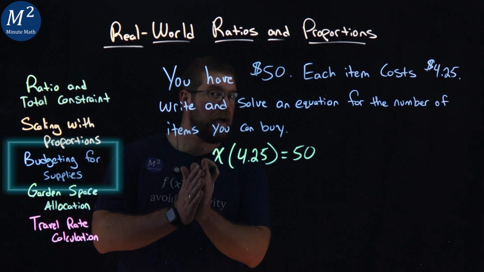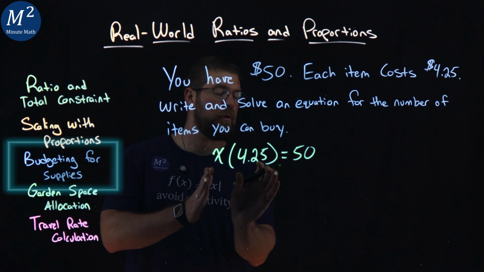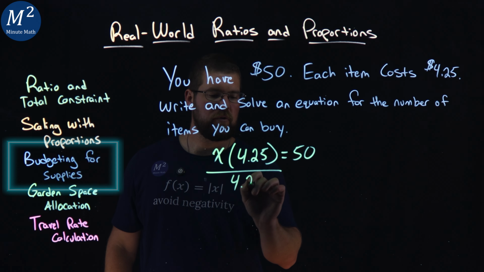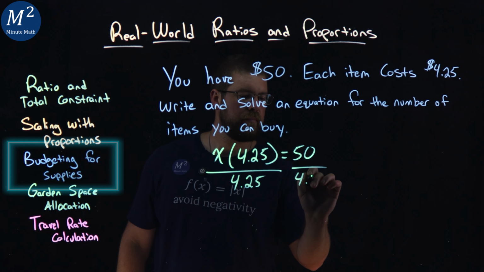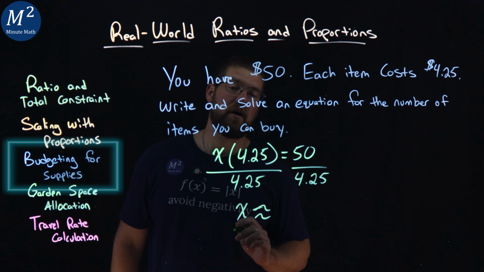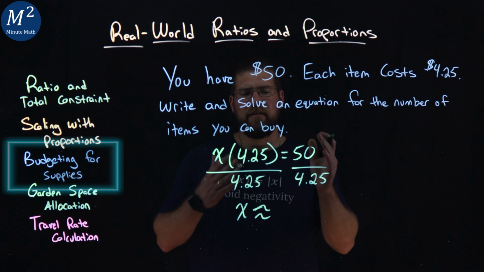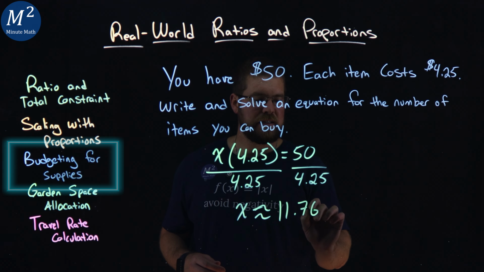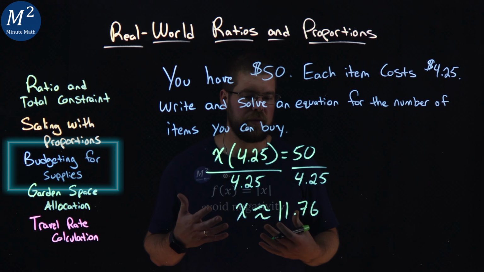To do that, I'm going to divide both sides by 4.25. x is by itself here, and this is actually an approximate answer. 50 divided by 4.25 is 11.76. So how do we interpret this?